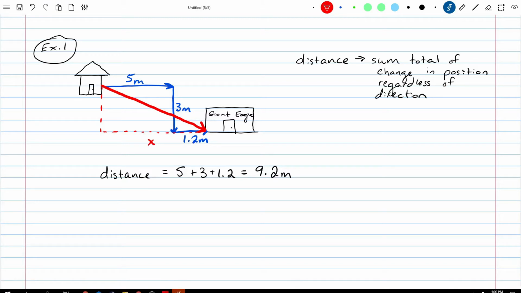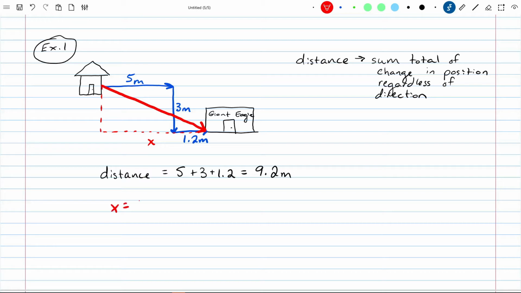This side, we'll call it X, is the total of all of the movement in the rightmost direction, or in the X direction. So X would be 6.2 meters. That side of the triangle now is 6.2 meters long.